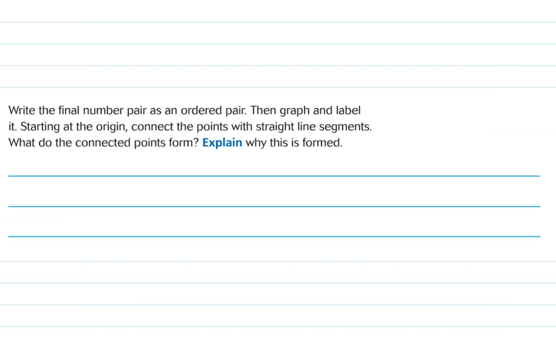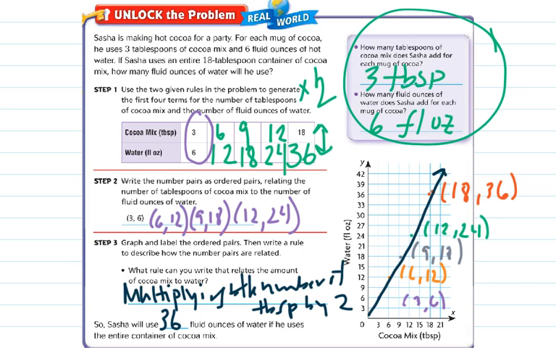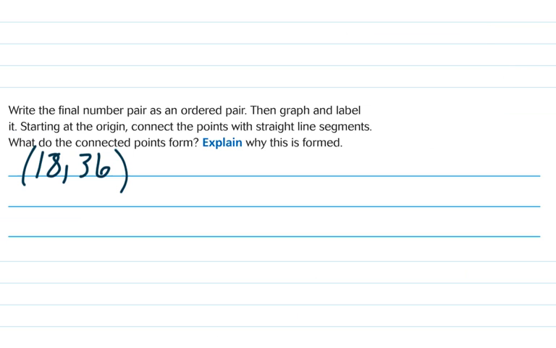Now, boys and girls, we're going to go on to the next question, which is, write the final number of pairs as an ordered pair. So our final pair was 18, 36. It says, then graph and label it. Now, if we go back, we started at our origin, 0, 0, we went over to 18, then all the way up to 36. So it says, connect the points in a straight line segment, which we did. It says, what did the connected points form?